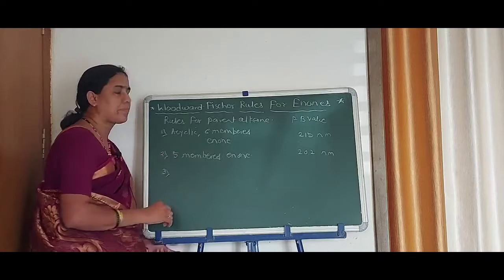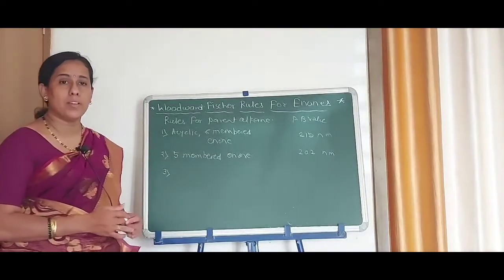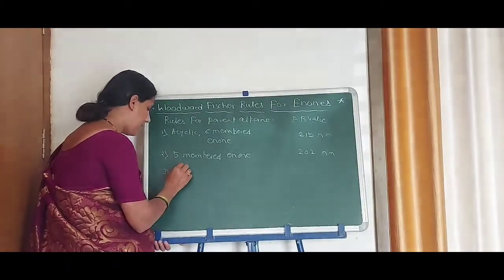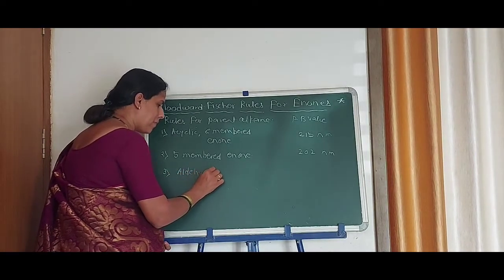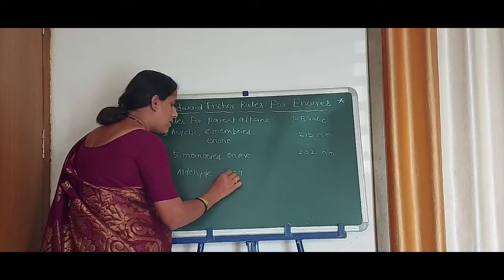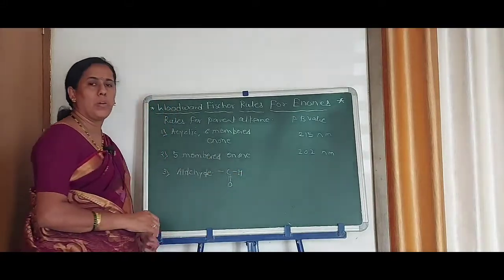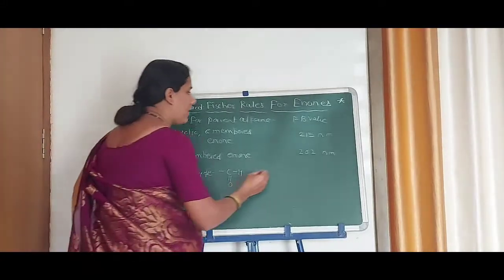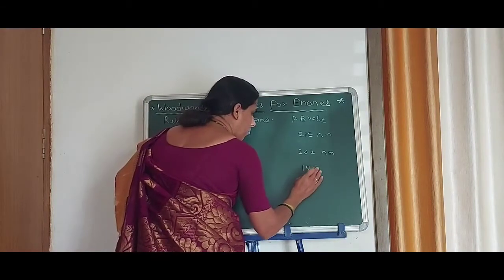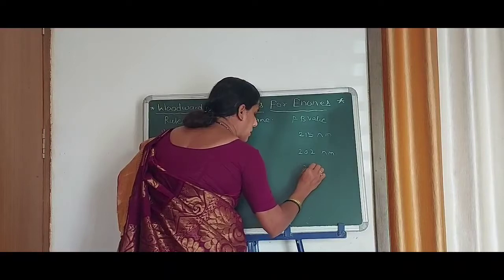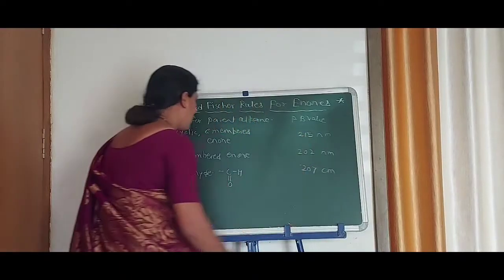Third, if the compound is an aldehyde, that is, presence of a CHO linkage in the compound, it has the value 207.